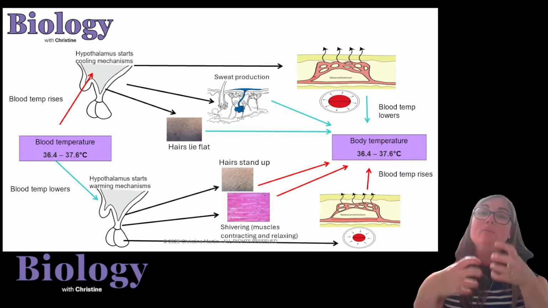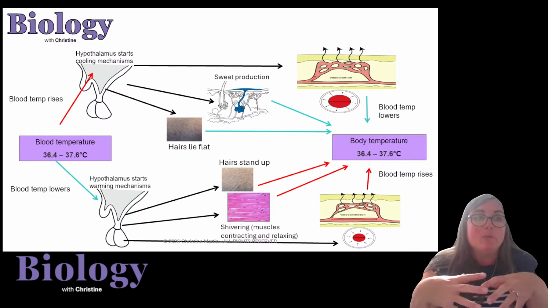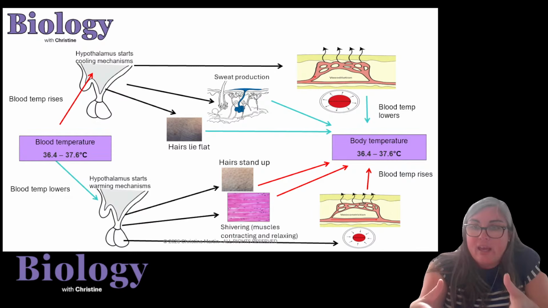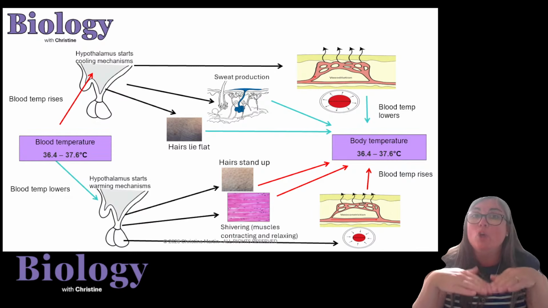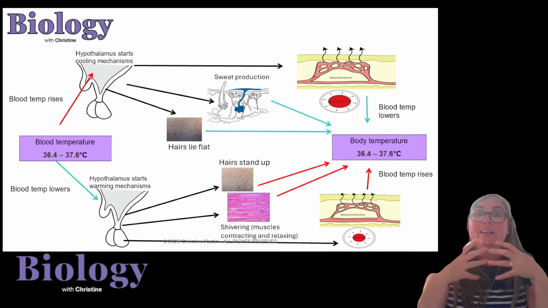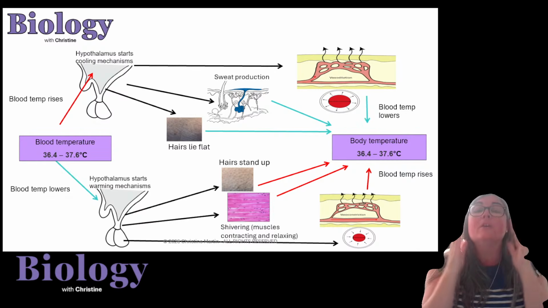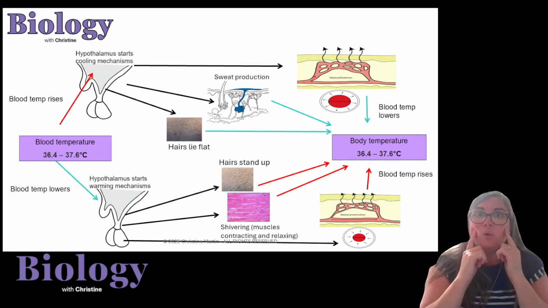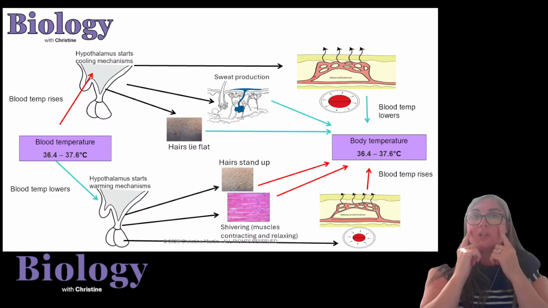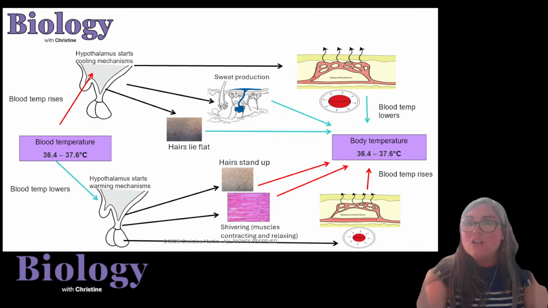So if I'm doing lots of things, I'm going to be generating lots of energy. I need a way of cooling the body back down. So by dilating my blood vessels, the blood flow goes closer to the surface of the skin. Therefore, there is less of a pathway for that to go through.